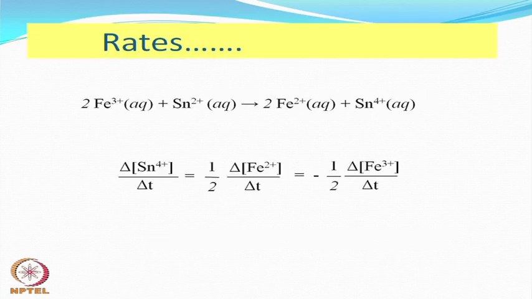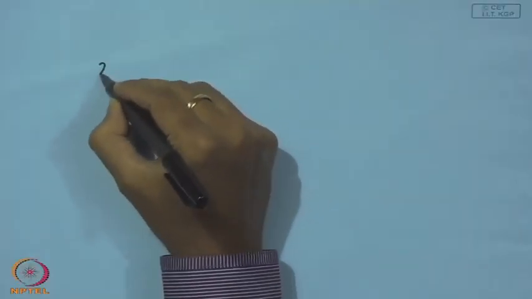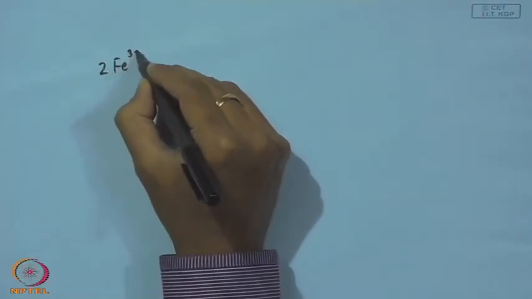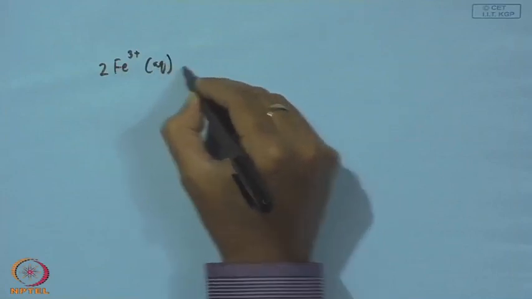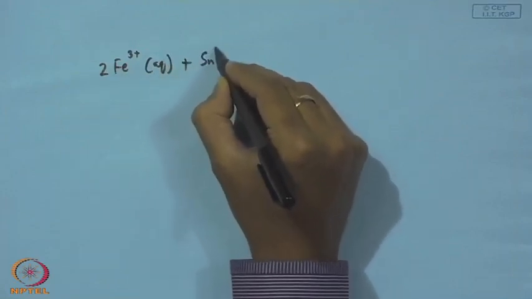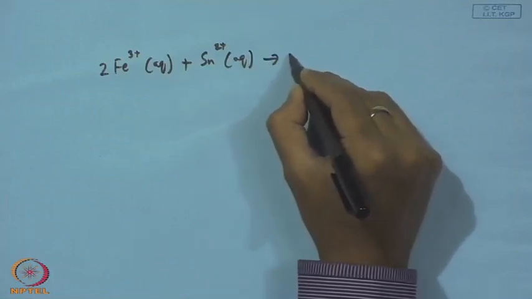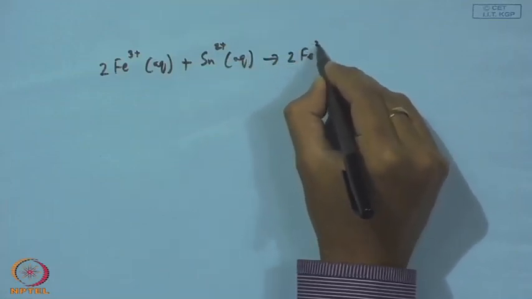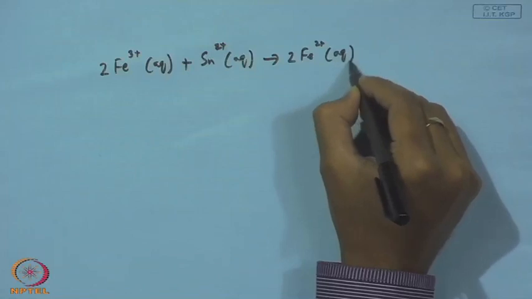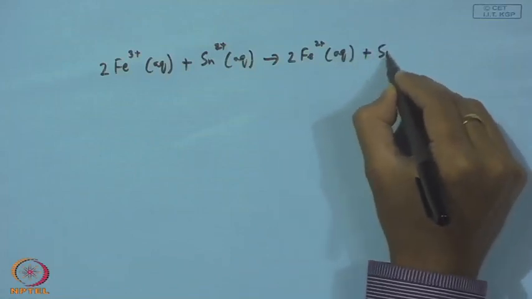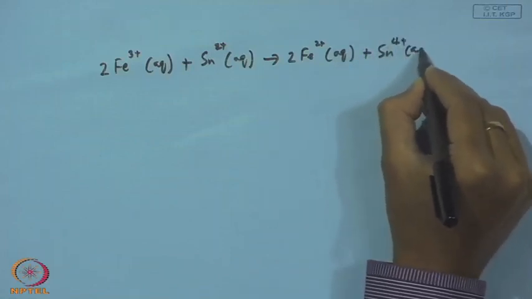Next is about the stoichiometric equation. Let us have a concrete example: 2 Fe3+ aqueous plus Sn2+ aqueous giving rise to 2 Fe2+ aqueous plus Sn4+ aqueous.